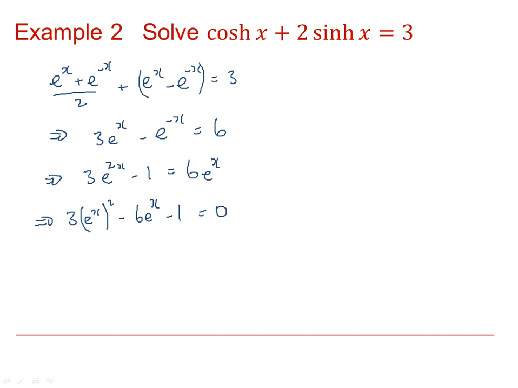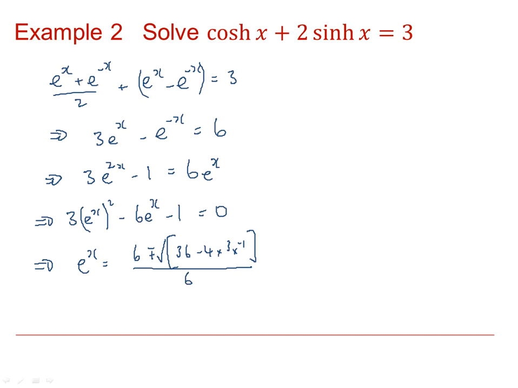Well, there are a variety of ways of solving that. We could, for example, use the quadratic formula, so that's what I'll do here, so that e to the x using minus b is 6 plus or minus the square root of b squared, 36, minus 4 multiplied by 3 multiplied by negative 1, all divided by 2 times 3, so 2a, which is 6.